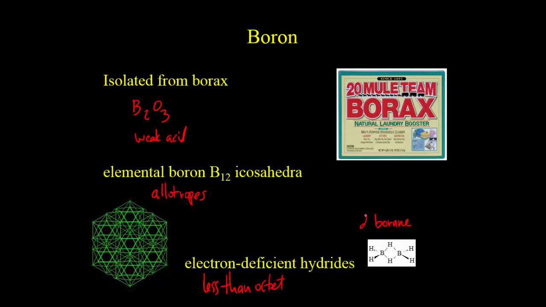And this is diborane, actually. It has a 3 center, 2 electron bond, like we mentioned when we were looking at beryllium, and we'll learn a lot more about the boranes next week when we spend a lecture on that.